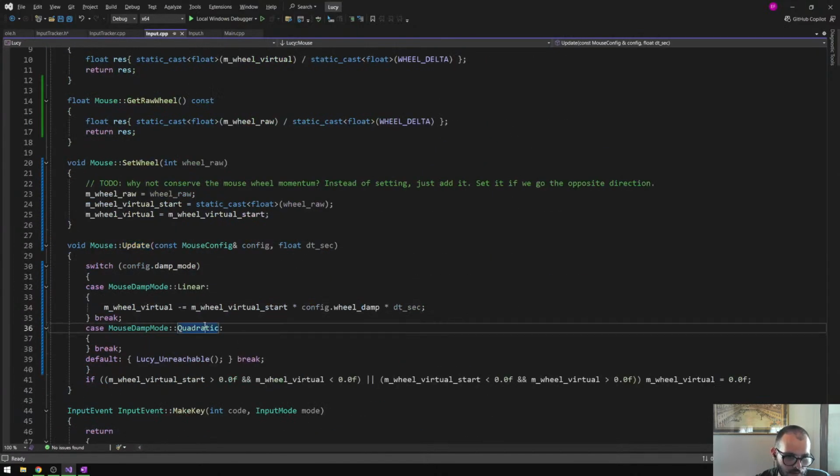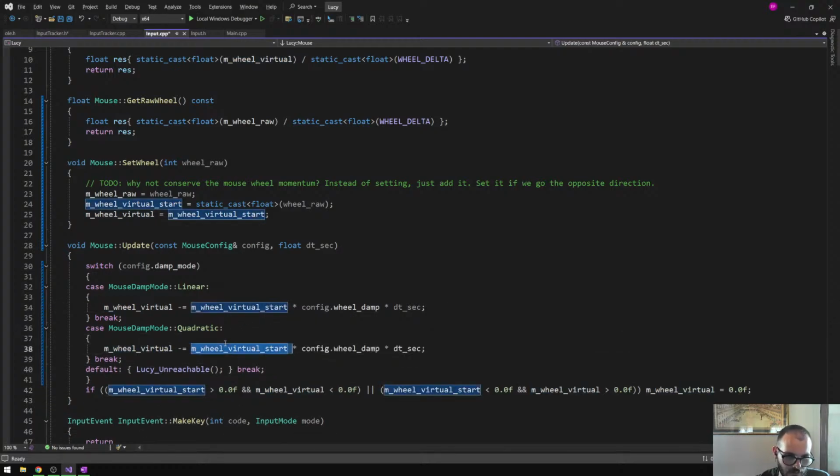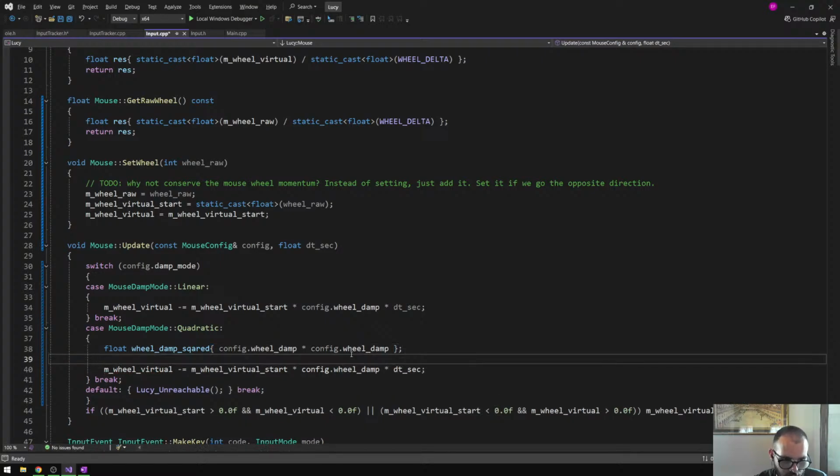The update, the quadratic is basically the same, but we need to square. So float wheel damp squared, and it is to just do this, and then the dt sec squared, and I hope everything makes sense, right?